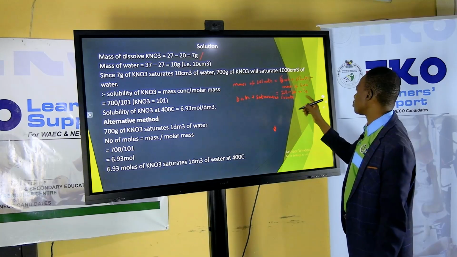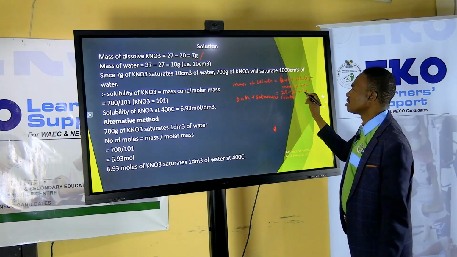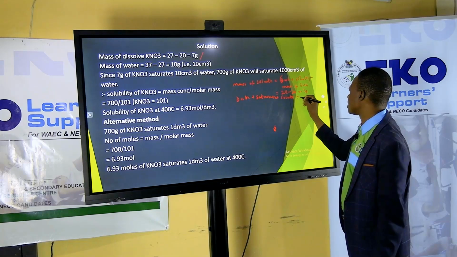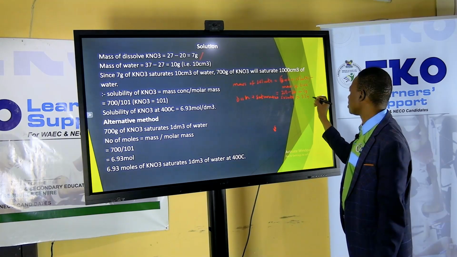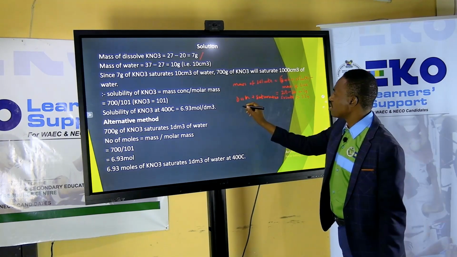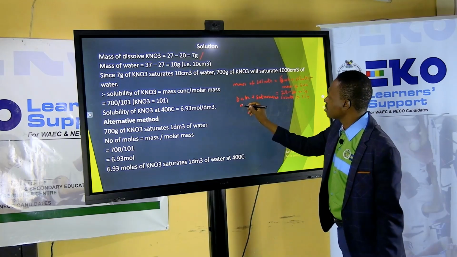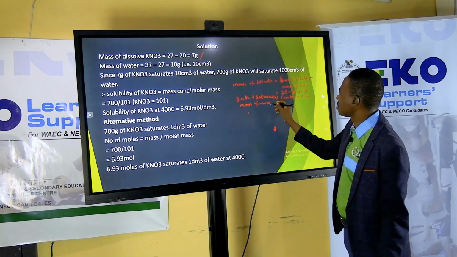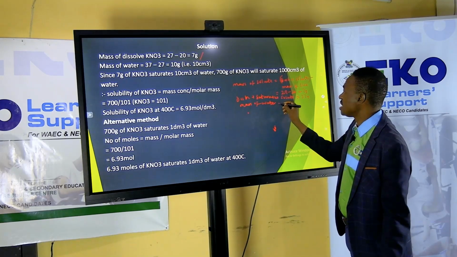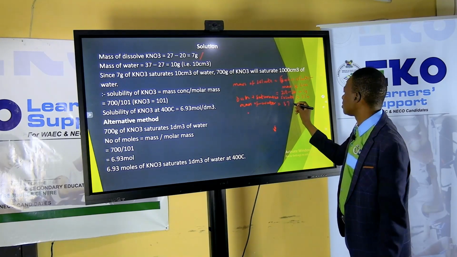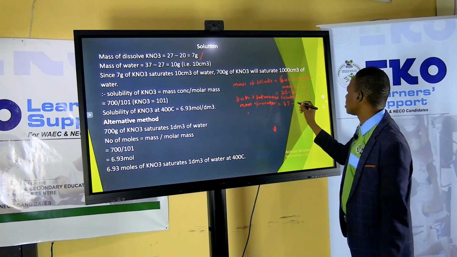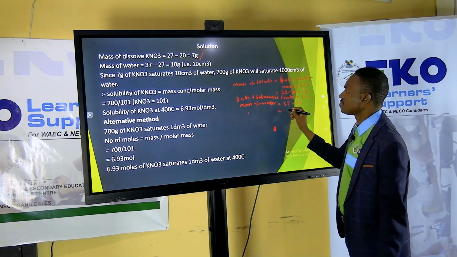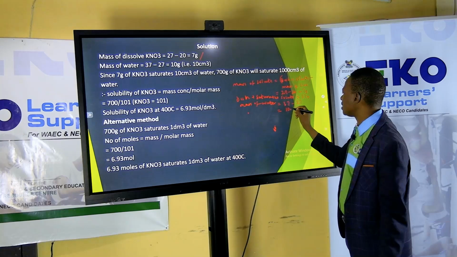Solution. Dish plus saturated solution is giving us 37 grams. The mass of water will equal to 37 minus 27, and that is giving us 10 grams.